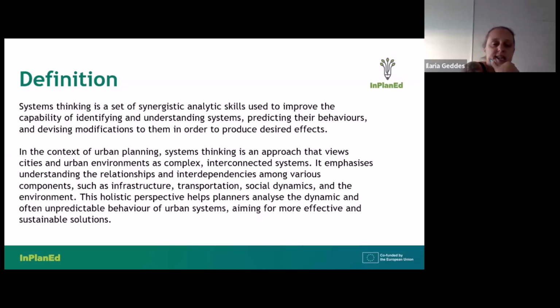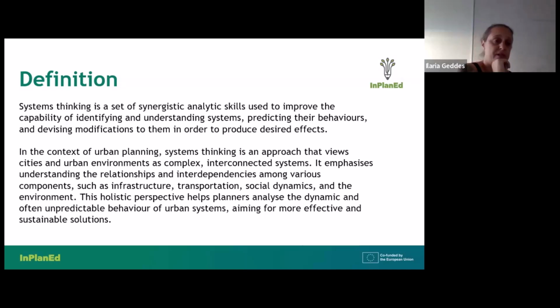All the elements within cities, and cities themselves, are highly interconnected. So it emphasizes the relationships and the interdependencies among various components, including infrastructure, transportation, social dynamics, and the environment. And these are things that Stefanos already mentioned when talking about integrated urban planning.